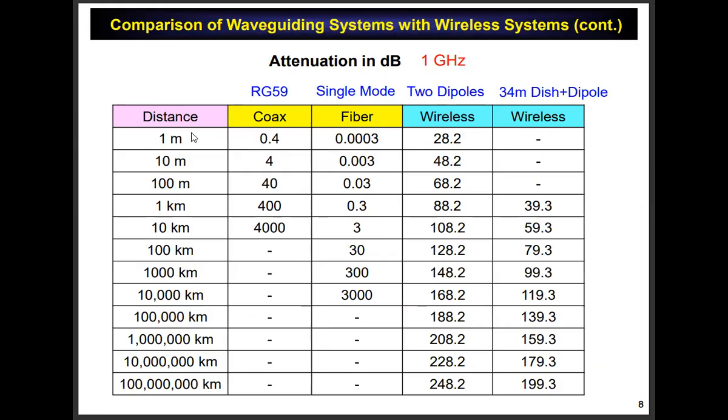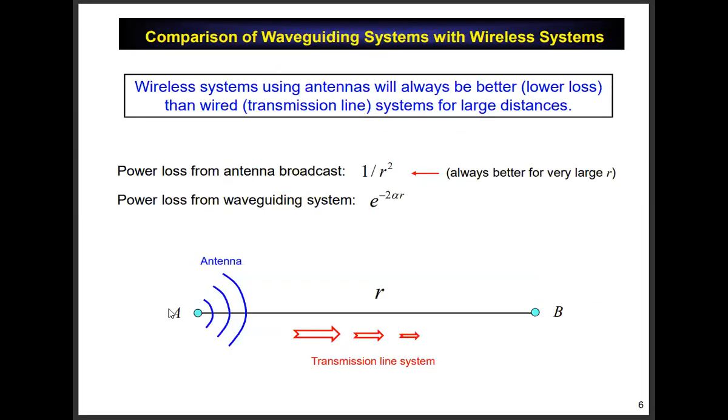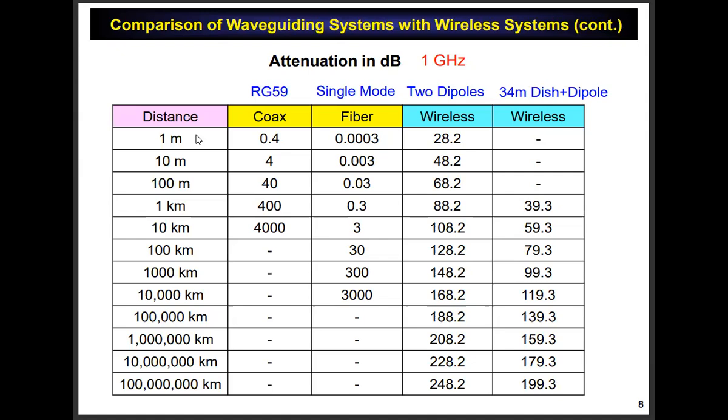Now, this is the distance from point A to point B, my distance R. Notice as I go down the table, I'm changing by factors of 10. Very tight distance, only 1 meter apart, 10 meters, 100, and so on, up to 100 million kilometers, which, by the way, is something close to the distance between Earth and Mars. Okay. So I'm comparing wired systems in yellow with wireless systems in blue.